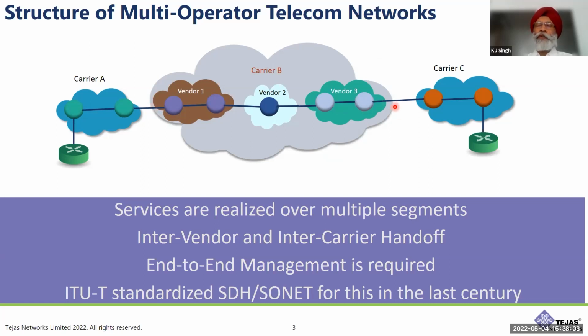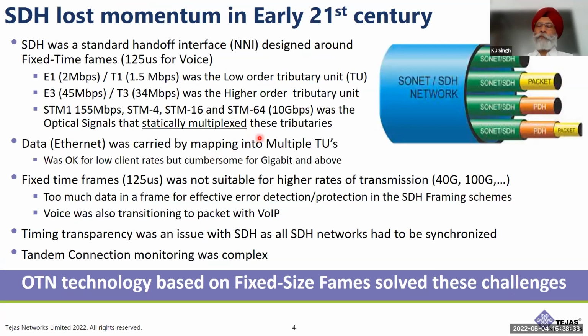So that's essentially how large-scale networks are built today, and the responsibility of making sure that there are standardizations is left to the International Telecom Union, the ITU-T, and they have standardized various interfaces, primarily SDH/SONET, because that was the primary interface for the voice-based services that were there in the latter part of the previous century.